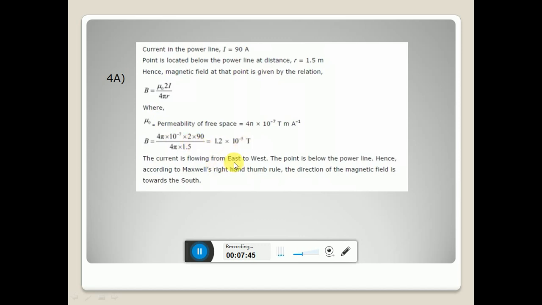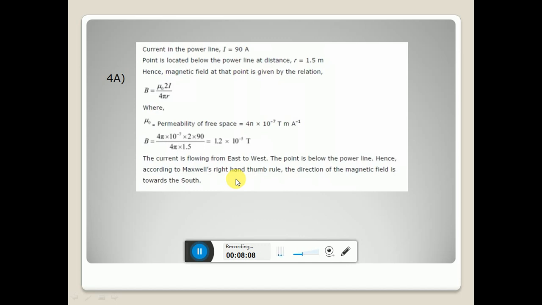Current is flowing from east to west direction, and we consider the point below the power line. If you apply the right hand thumb rule again, you have to specifically mention whether the direction of magnetic field is into the plane or out of the plane. So better you draw the diagram with the directions and find out the direction of magnetic field.